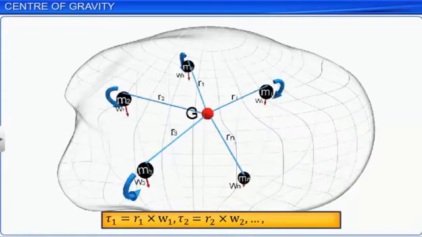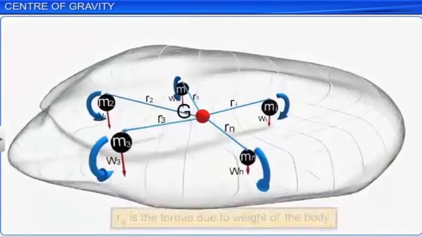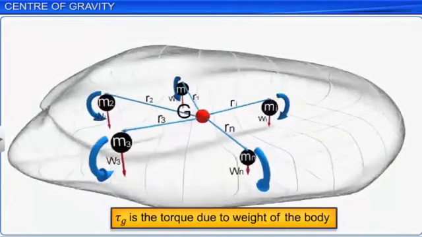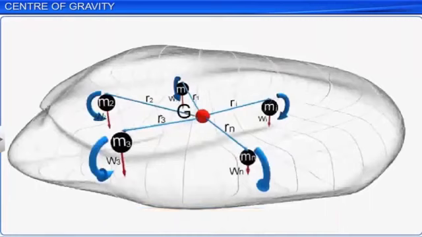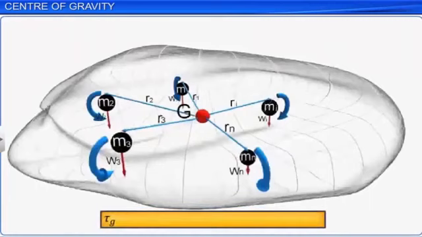If the torque due to the weight of the whole body about G is called the total gravitational torque, tau G, then tau G is equal to sigma tau i, which is also equal to sigma Ri cross Wi.